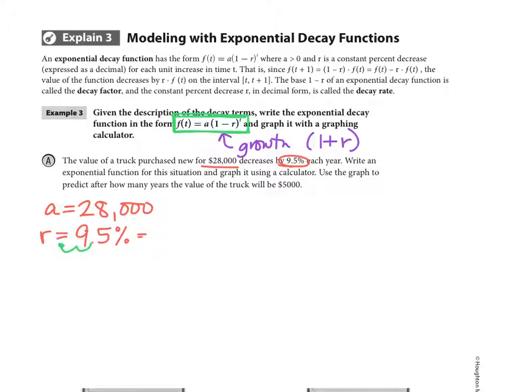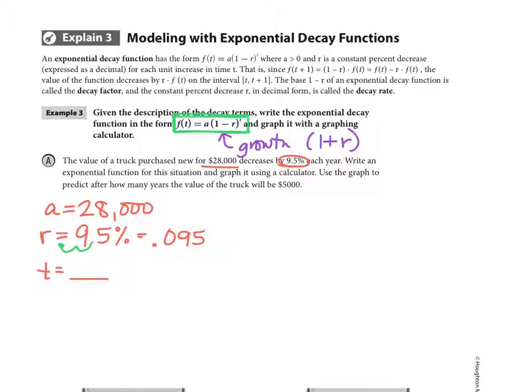So here, the R I actually want to use is 0.095. And then T, or N, or X, whatever you put as the exponent up there, I'll use T since that's what the book has right now. T is the time. And since I don't know T, I'm actually just going to leave it blank so that we remember that's something we need to figure out.